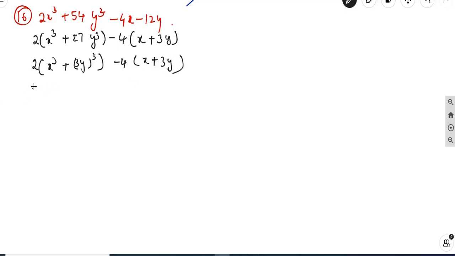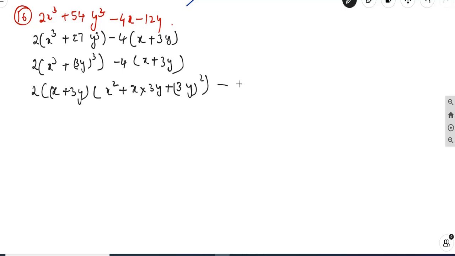So this is in the form of a to the power of 3 plus b to the power of 3. So I'll apply the identity. So this becomes x plus 3y, and one more term: x square minus x into 3y plus 3y square.